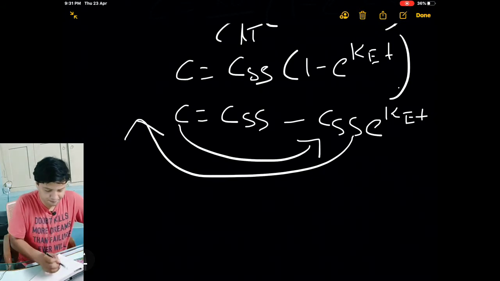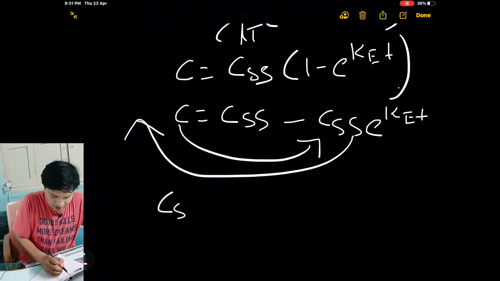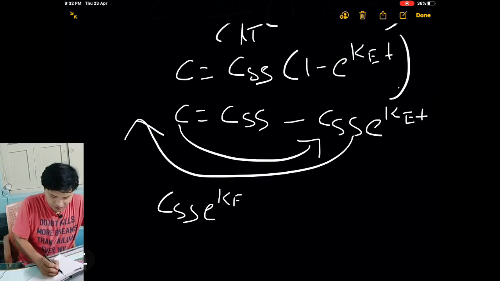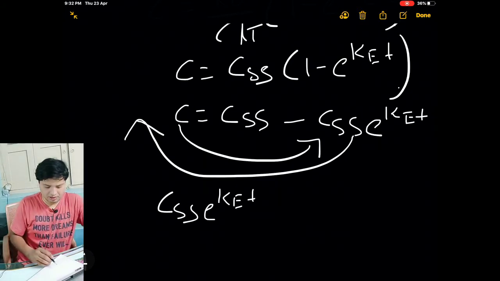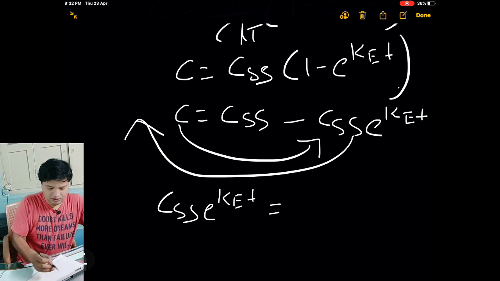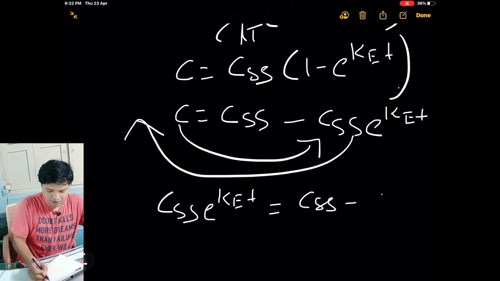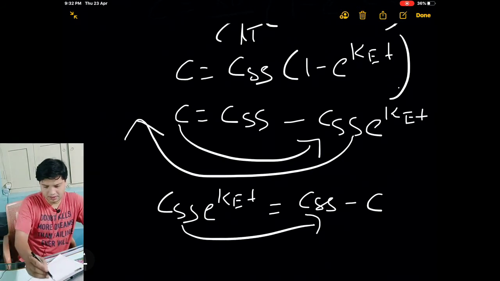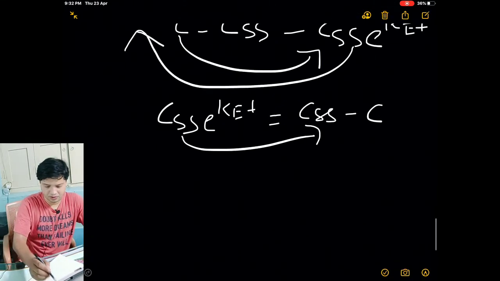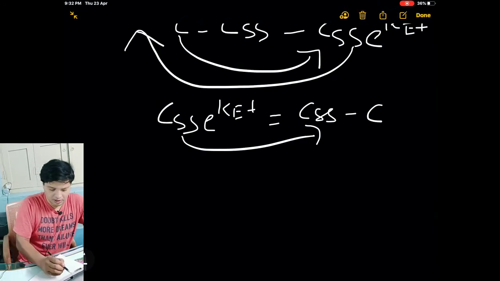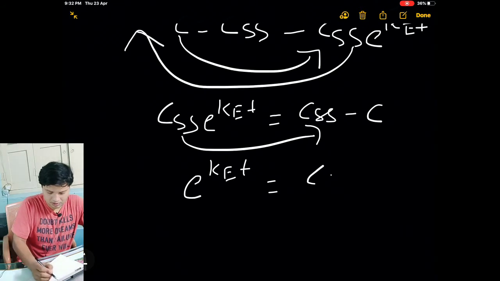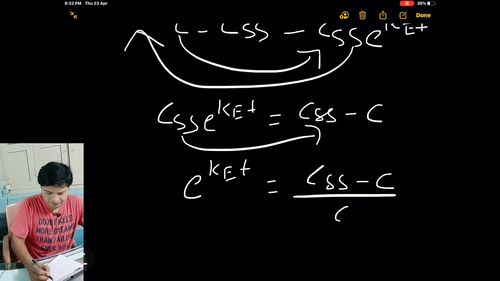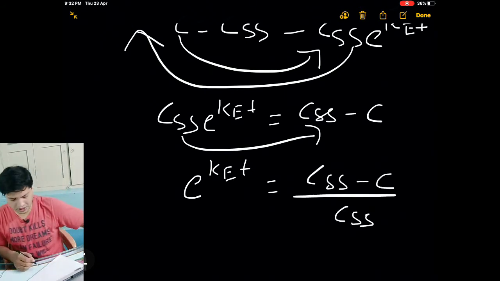We will get steady state concentration into e to the power of minus Ke T is equal to steady state concentration minus C. Send the steady state part here. You will get e to the power of minus Ke T is equal to CSS minus C by CSS, the steady state concentration.